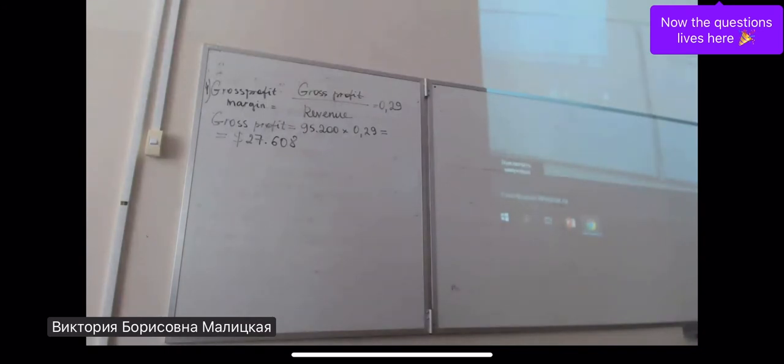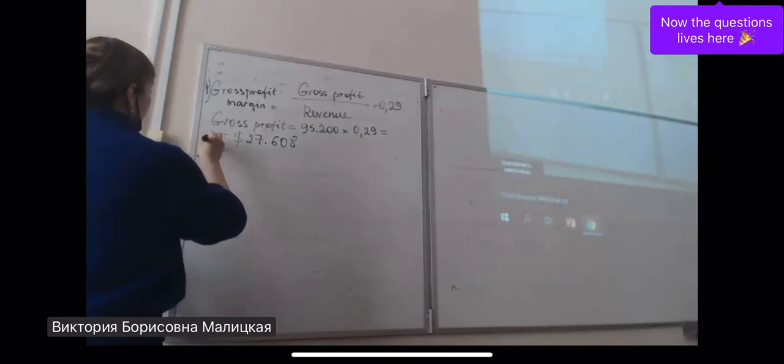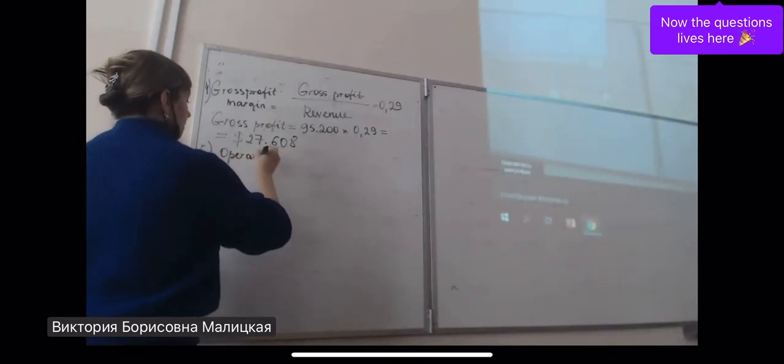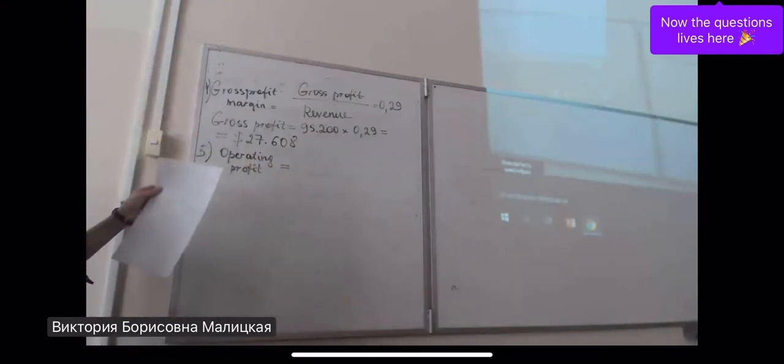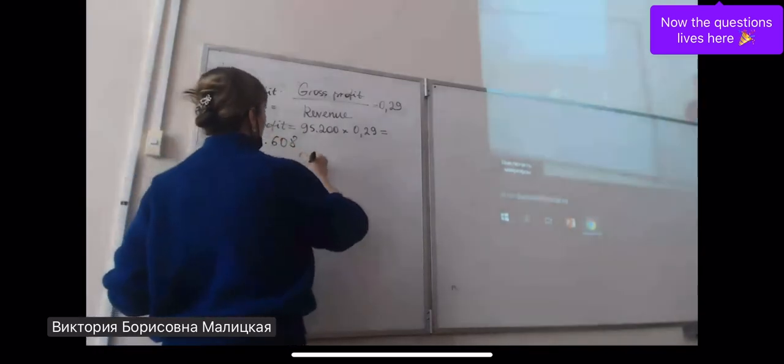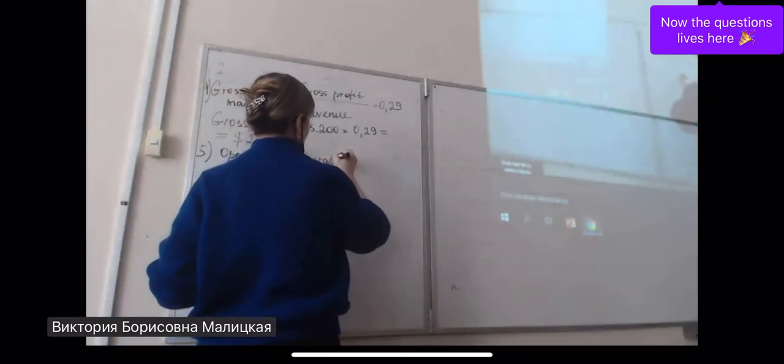And finally, before we move on to the balance sheet and the income statement, operating profit. How is it calculated? Operating income or operating profit?